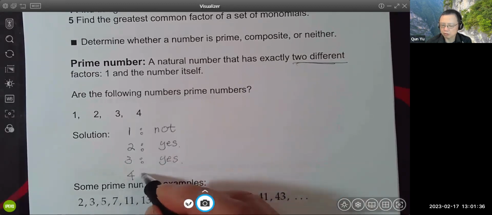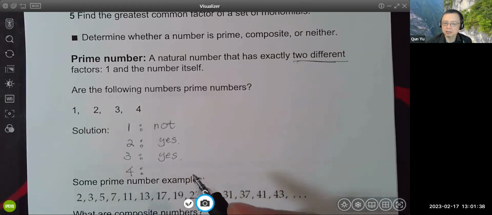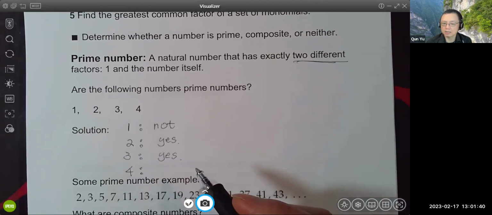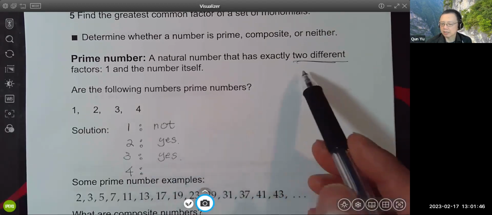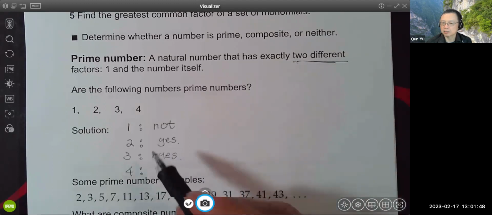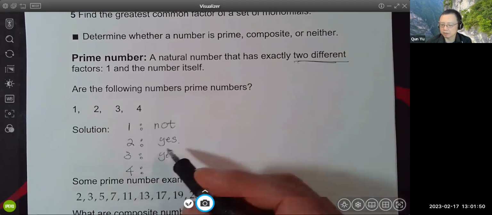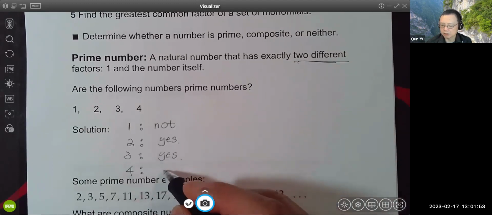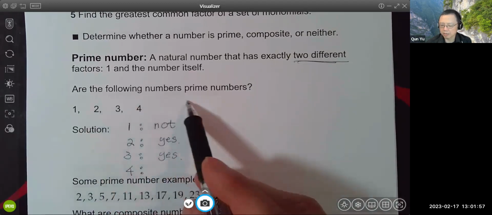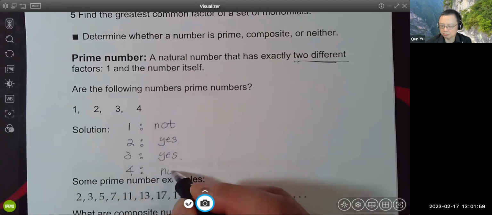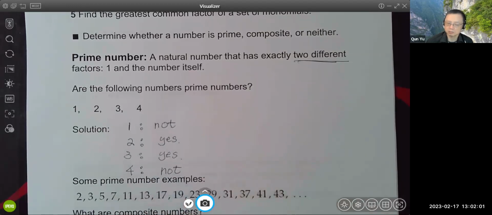The last one, 4: in addition to 1 and 4, this number can be divided by 2. In other words, it's not exactly 2 different factors. It has something other than 1 and itself that divides into it. So this one is a composite number. Since they ask us whether they are prime numbers, the answer is no.